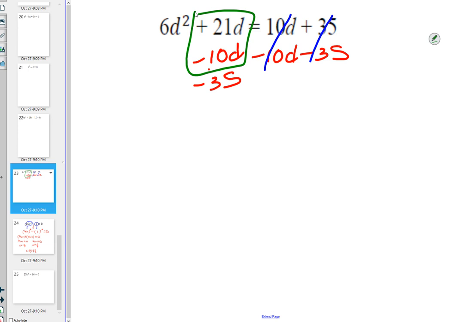Well, there's a word for that. Those are like terms. Not because they like each other and want to be married one day, but because they're going to be combined. 21 minus 10 is 11D minus 35.